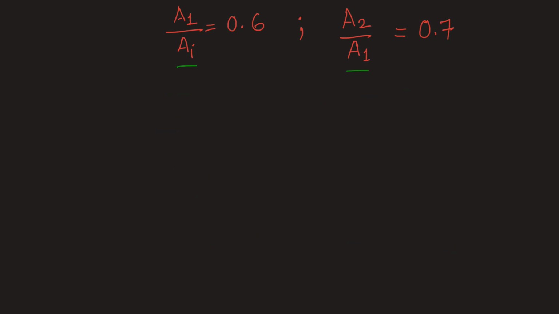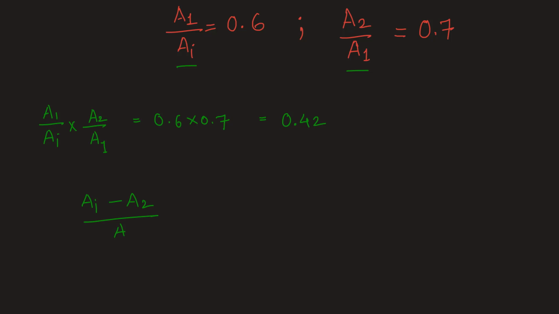Multiplying these two ratios, we will have A1 by AI into A2 by A1, which will give us, A1 by A1 is 1, A2 by AI will be simply 0.6 into 0.7. When we are multiplying the left hand side, we are also multiplying the right hand side. This gives us A2 by AI is 0.42.